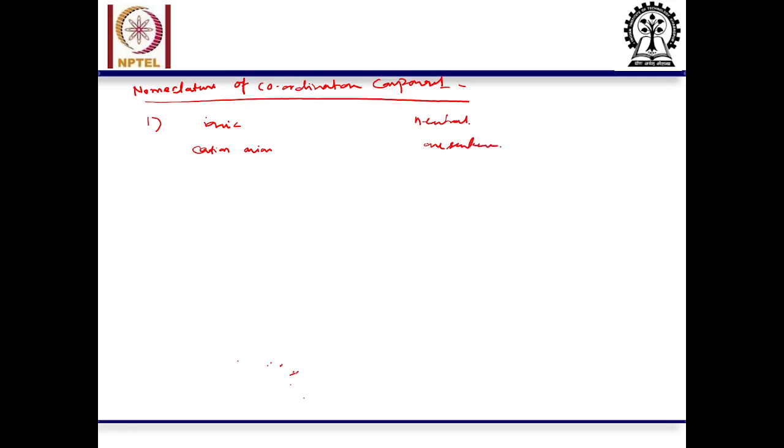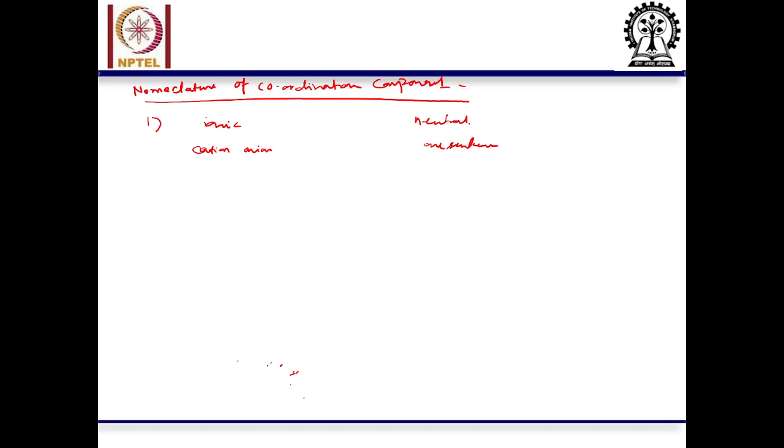This is the first basic rule. So if our coordination compound is ionic, one part will be cationic and the other anionic, and in neutral compounds we just write in one word.